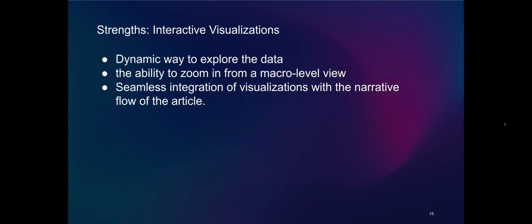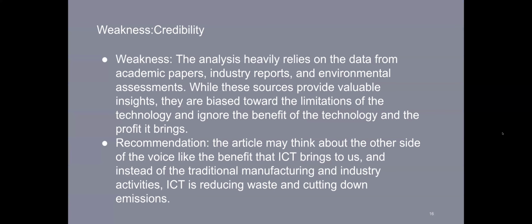Last but not least, the interactive visualization provides a dynamic way to explore the data, and also the ability to zoom in from a macro level to a detailed level of the data use. And also the seamless integration of visualization with the narrative flow of the article gives us better storytelling.